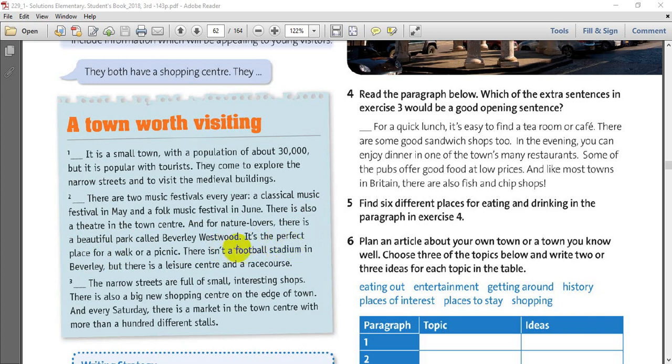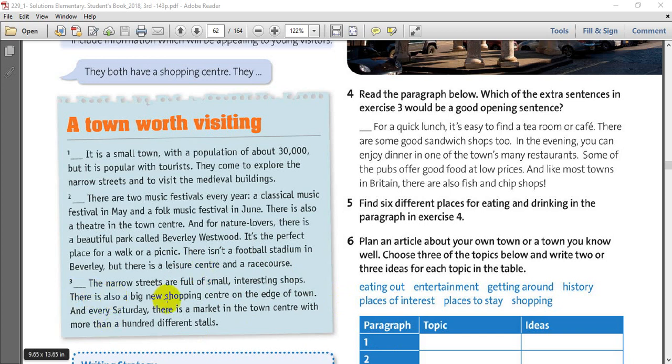It's the perfect place for a walk or a picnic. There isn't a football stadium in Beverly, but there is a leisure center and race course.